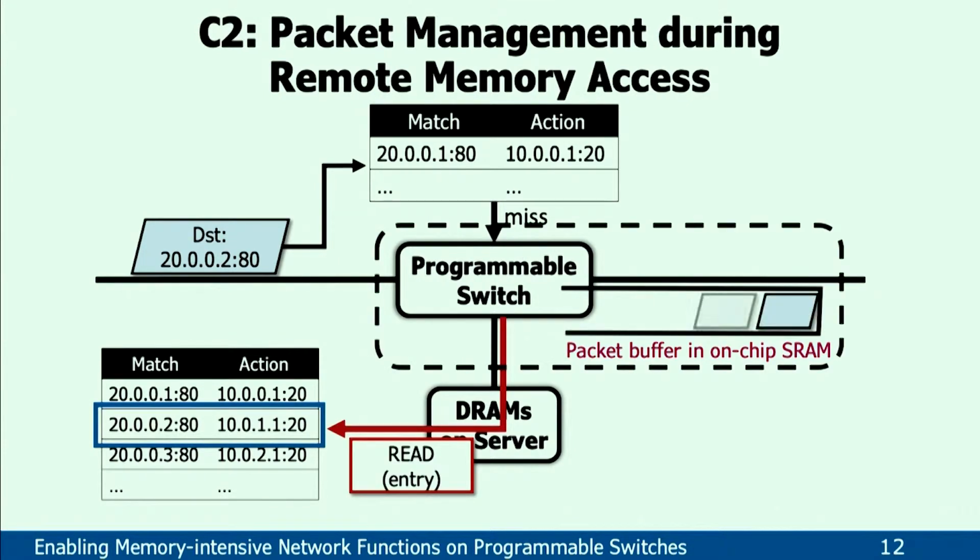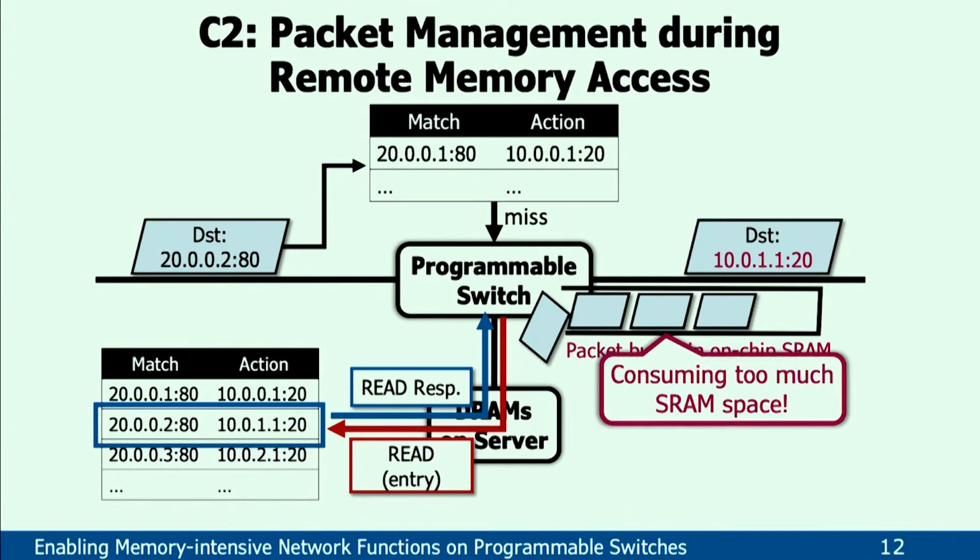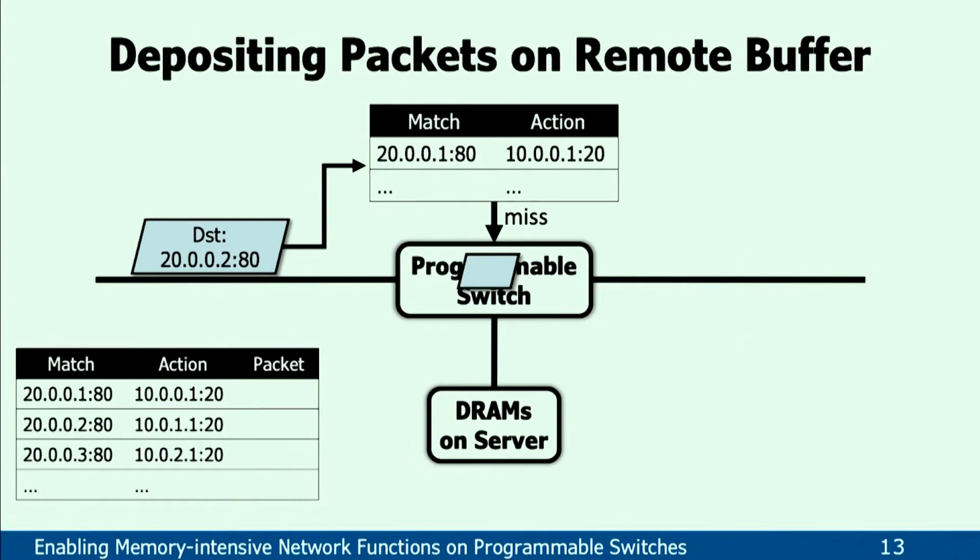A strawman solution would be buffering a packet until it receives an RDMA response from the remote memory. However, buffering a packet can consume a large amount of SRAM space and cause other issues such as pipeline stall and packet drops. To solve this problem, we propose a simple but effective solution.